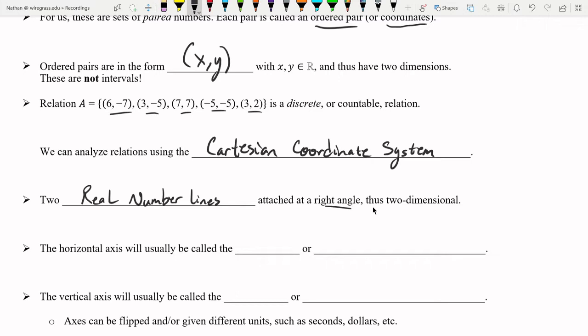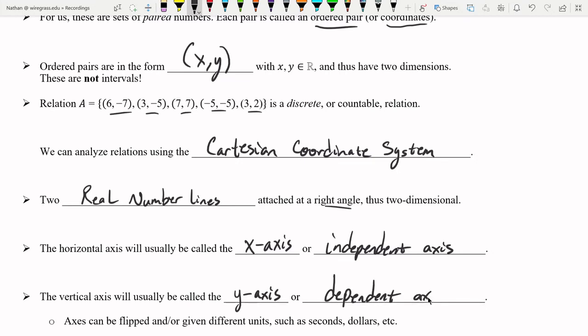Now the horizontal real number line will be called the x-axis, or the independent axis. The vertical axis would be called the y-axis, or the dependent axis.